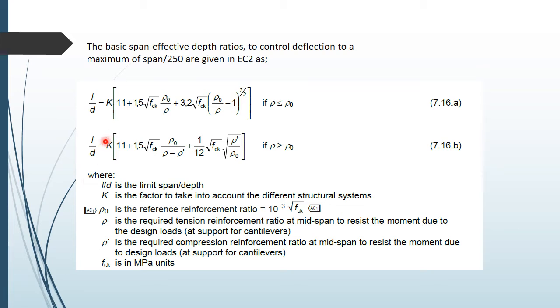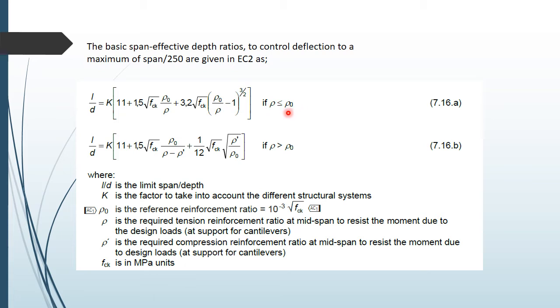To control deflection of maximum span divided by 250, Eurocode provides two formulas for the basic span to effective depth ratio, L over d. These two formulas depend on the value of rho and rho 0.